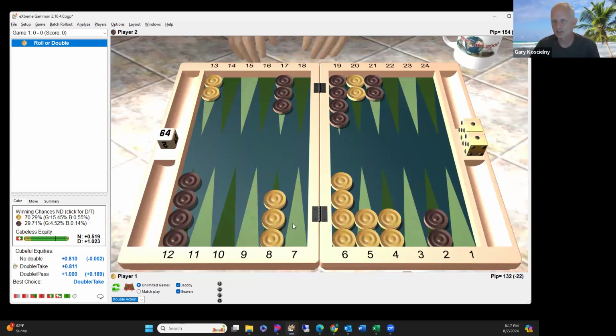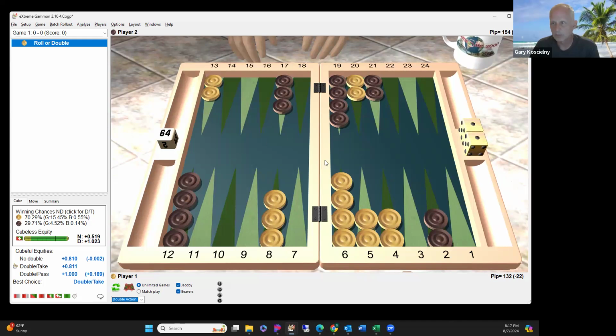If you're going to get a 6 other than 6-1, you're not going to come down and leave a blot, so you might as well come out. Even a 3-4, a 2-5. Well, 6-1 not, but probably every other play I'd start running, breaking my anchor. So those rolls are not bad either.